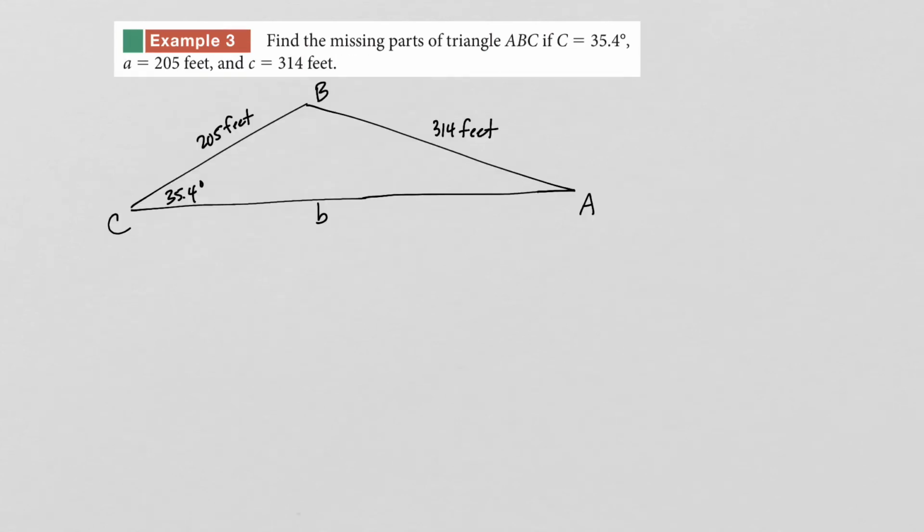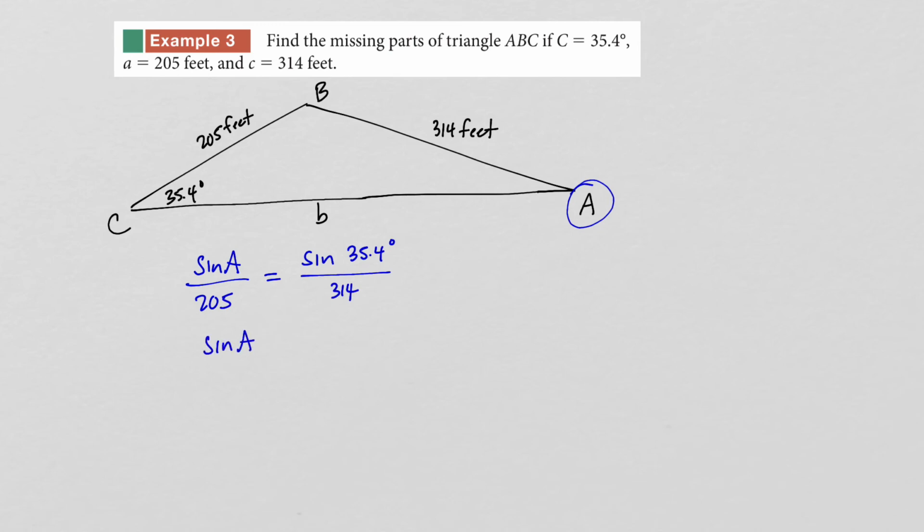So in this example, we have triangle ABC. Angle C is 35.4 degrees. Side A is 205 feet. And side C is 314 feet. So again, we're going to start by finding the angle A here. We can do this by saying sine of angle A divided by 205 is equal to sine of angle C, which is 35.4 degrees, divided by side C, which is 314.